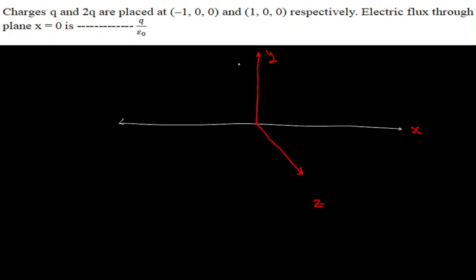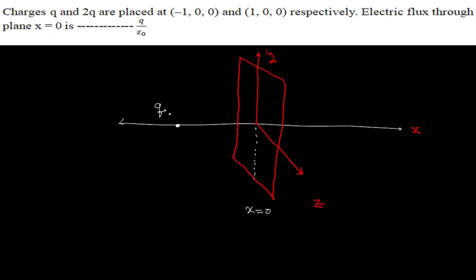So what we have to do is calculate the flux through this surface, the x equals 0 surface. And we have placed a point charge here. The charge is q, at x equals -1.